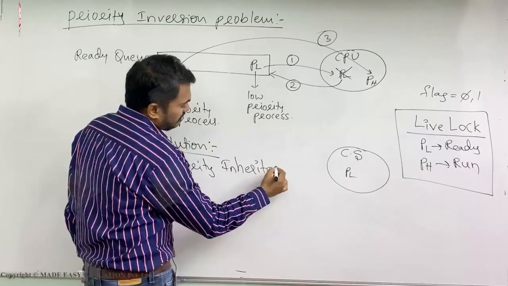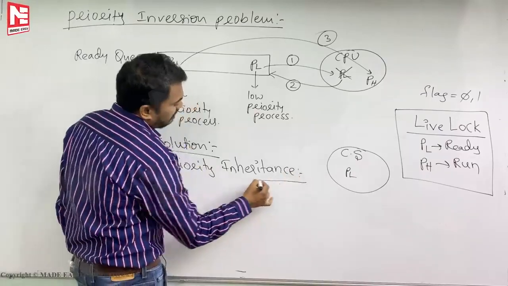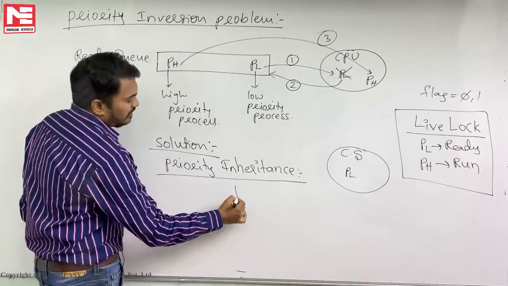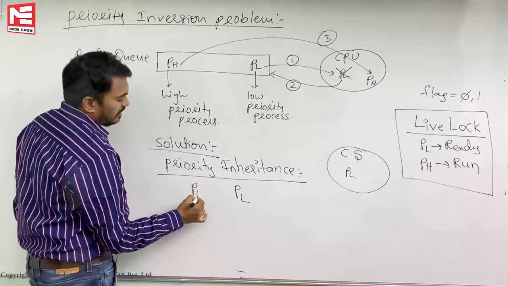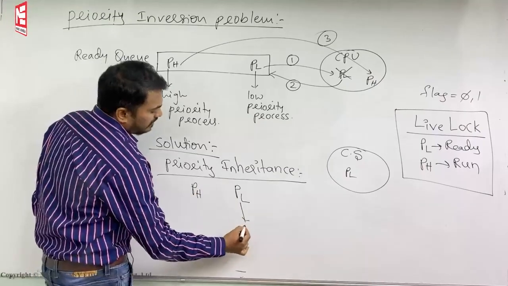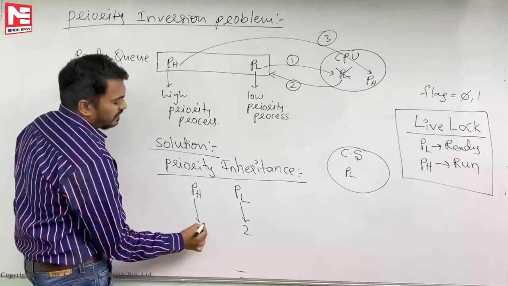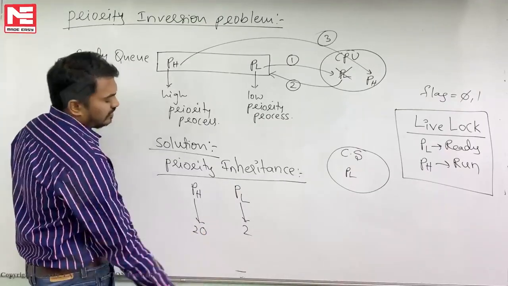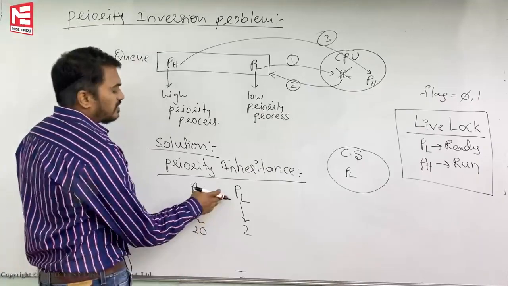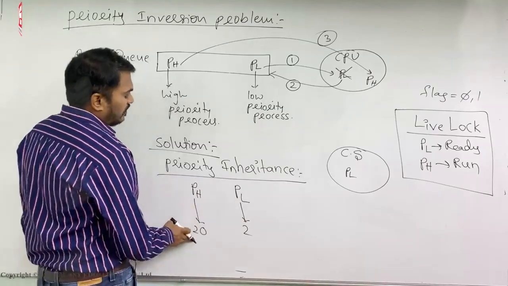Priority inheritance. So what is the meaning of priority inheritance? Look at here. Let's say the lowest number is the lowest priority. Let's say the low priority process has priority 2 and the higher priority process has priority 20. So PL has priority 2 and PH has priority 20.